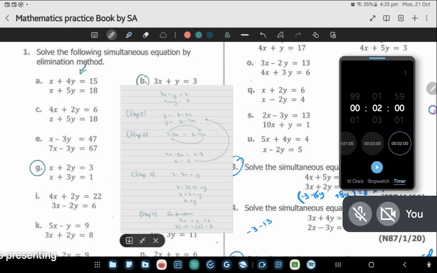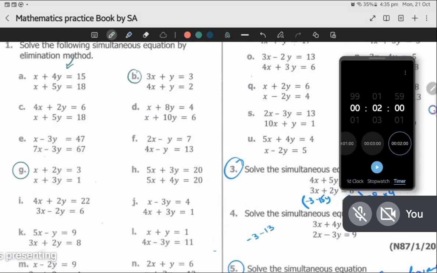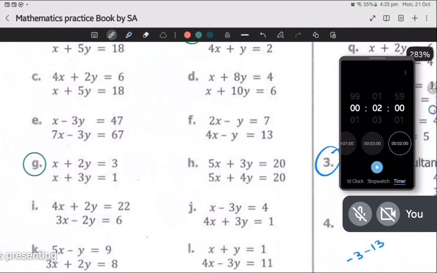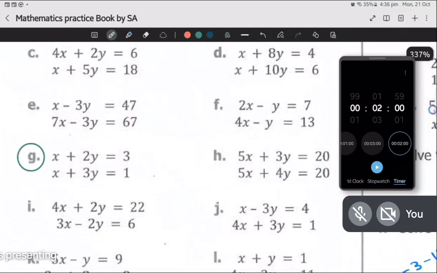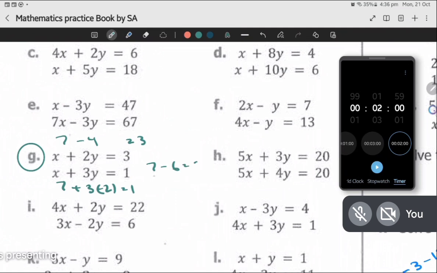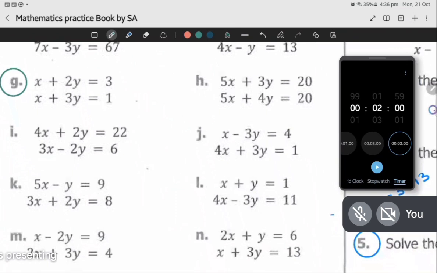Yes. X is equal to 7 and y is equal to -2. Negative 2. So let's see what happens here. 7 plus 2 bracket negative 2 gives us 3. Let's see. 7 minus 4 is 3, right? 7 plus 3 negative 2 gives us 1. Let's see. 7 minus 6 gives us 1. So that's correct for both values.